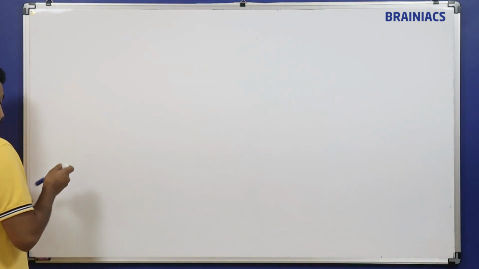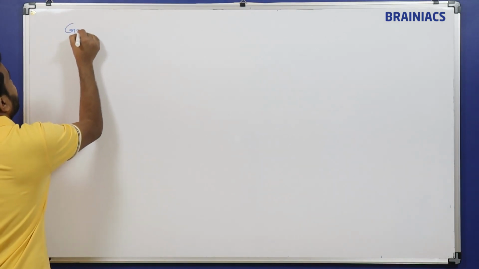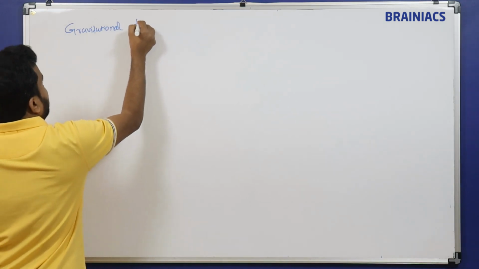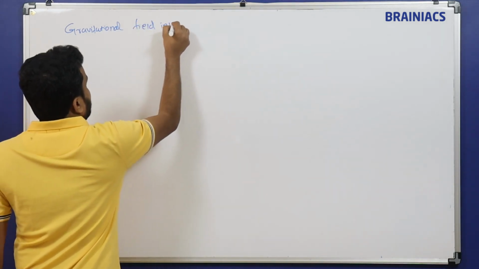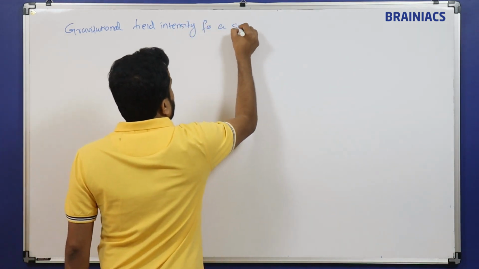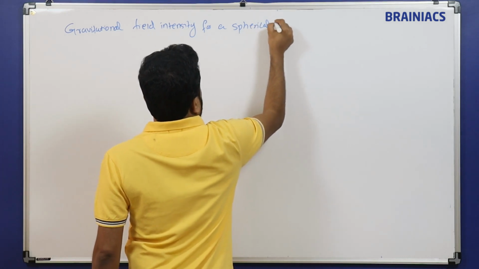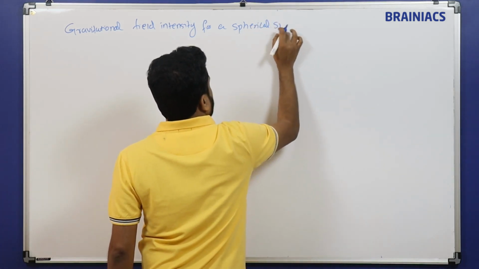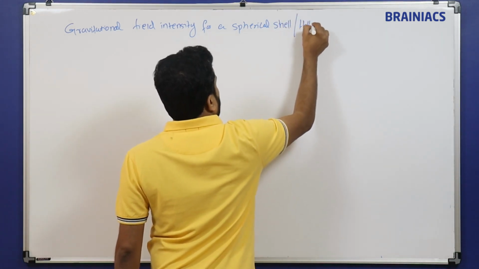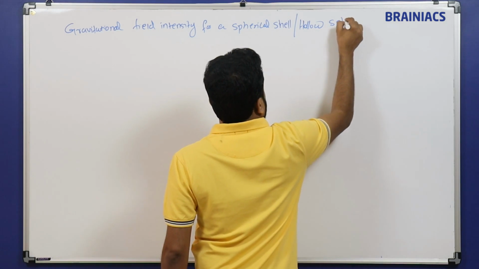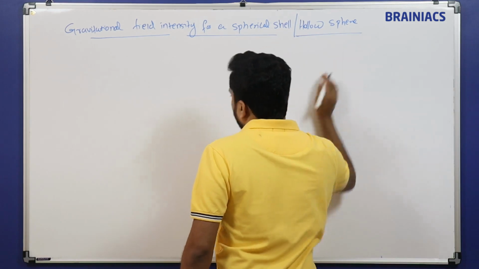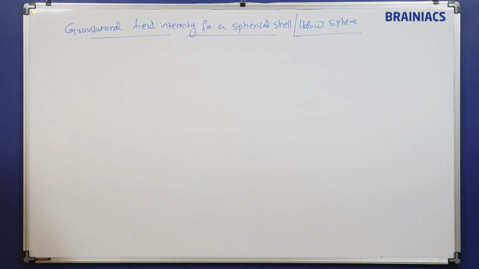So please write down the heading: gravitational field intensity for a spherical shell, or a hollow sphere.